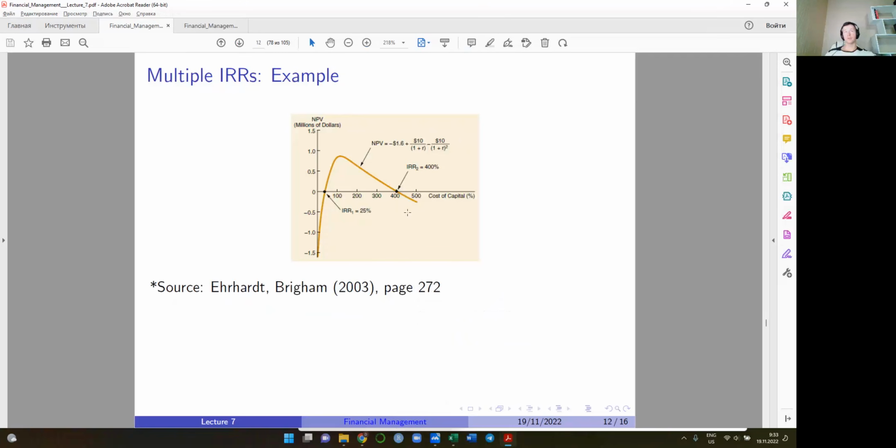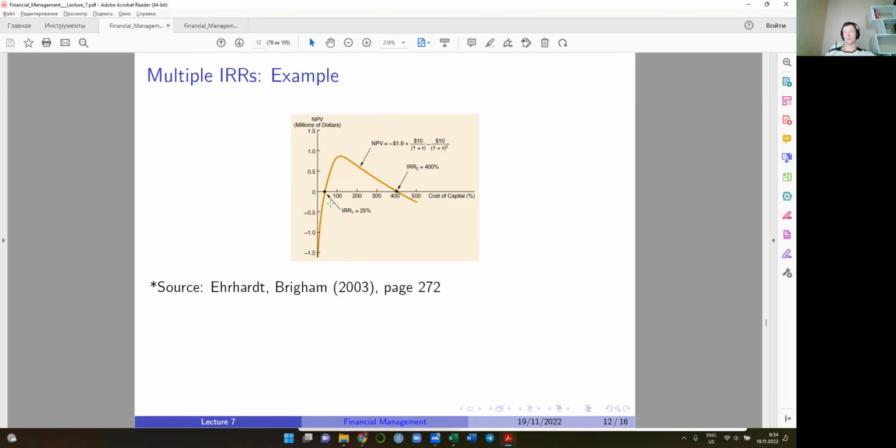So this is the graph, the NPV profile for this particular project. We see that NPV starts far away in the negative area.